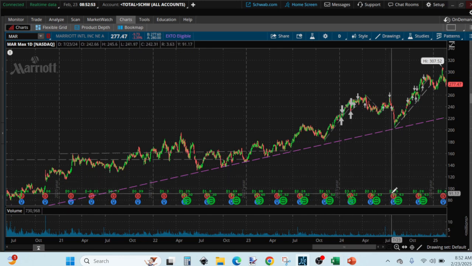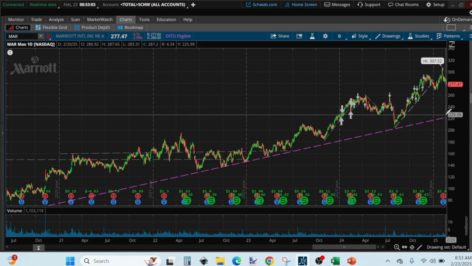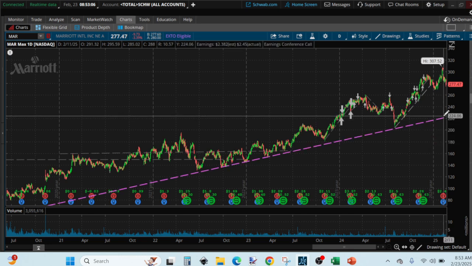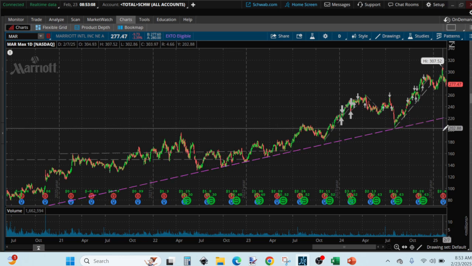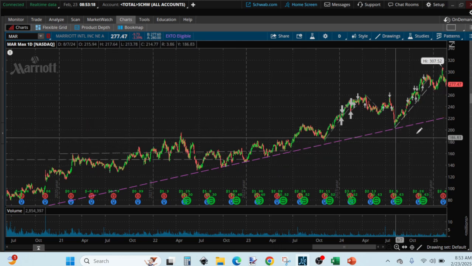Because we do not have another line below it, even when it touches base with it, we can buy at the next green bar after the pullback, knowing that it may not go below it. When I say knowing that, it's because I've been trading it for a while now and I can see that it does not really go below this line.